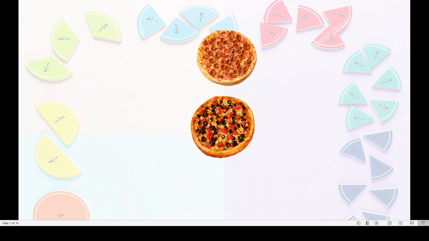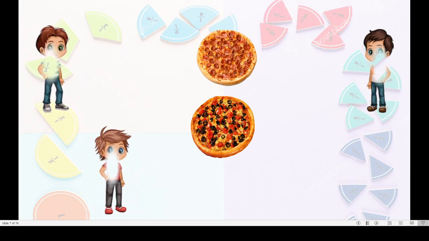Here you can see 2 pizzas of different flavors. Right? Can you see? Okay. What is the question here? We have to divide these 2 pizzas equally among 3 children. They are hungry and they need equal shares.